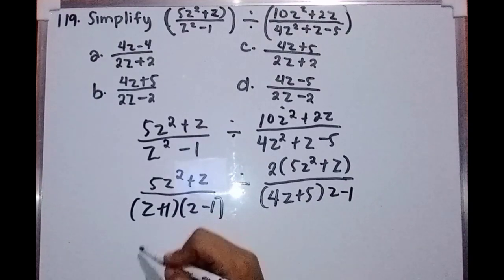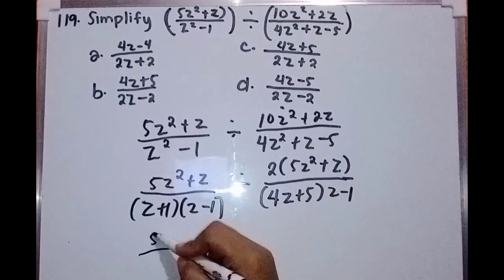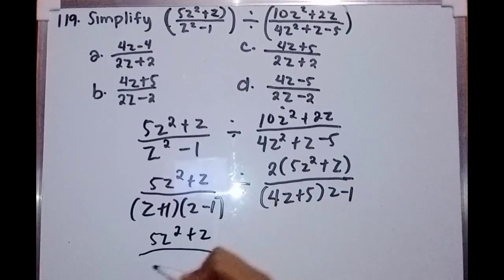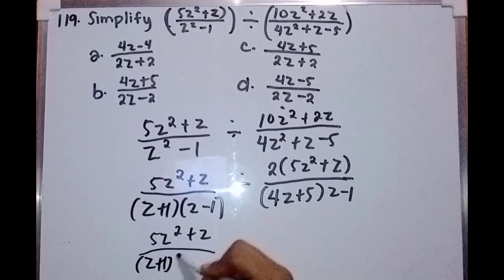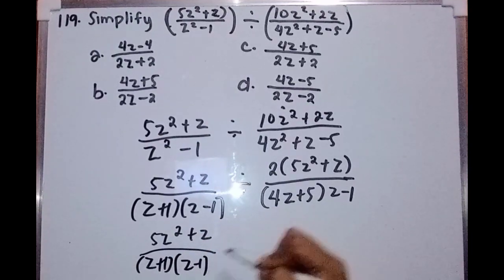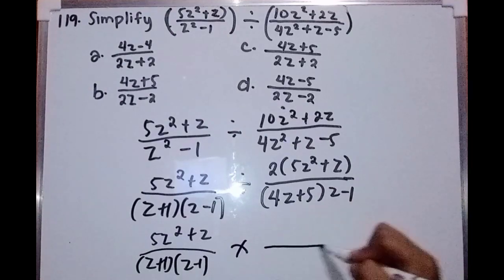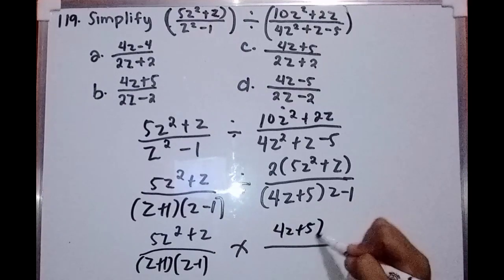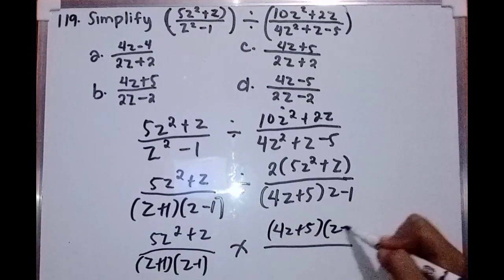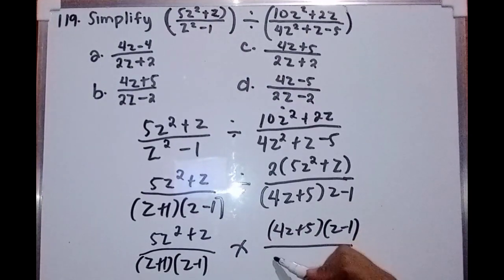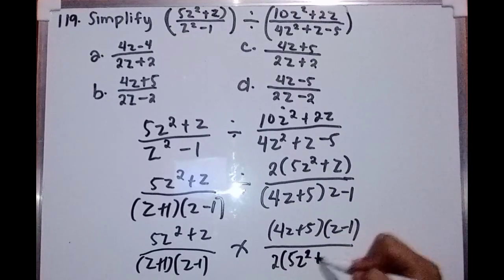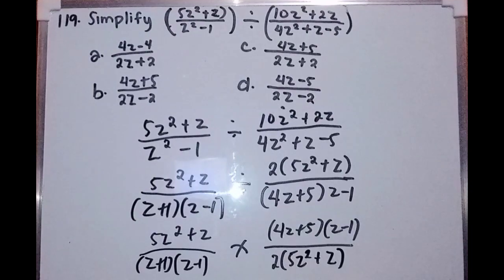So cross multiply: 5z squared plus z over z plus 1 times z minus 1. Cross multiply will be 4z plus 5 times z minus 1 over 2 times 5z squared plus z.